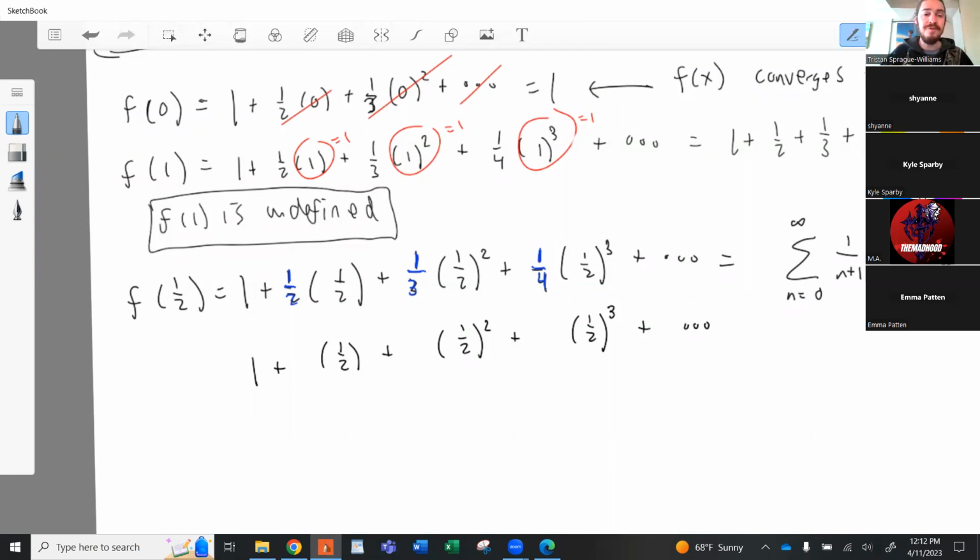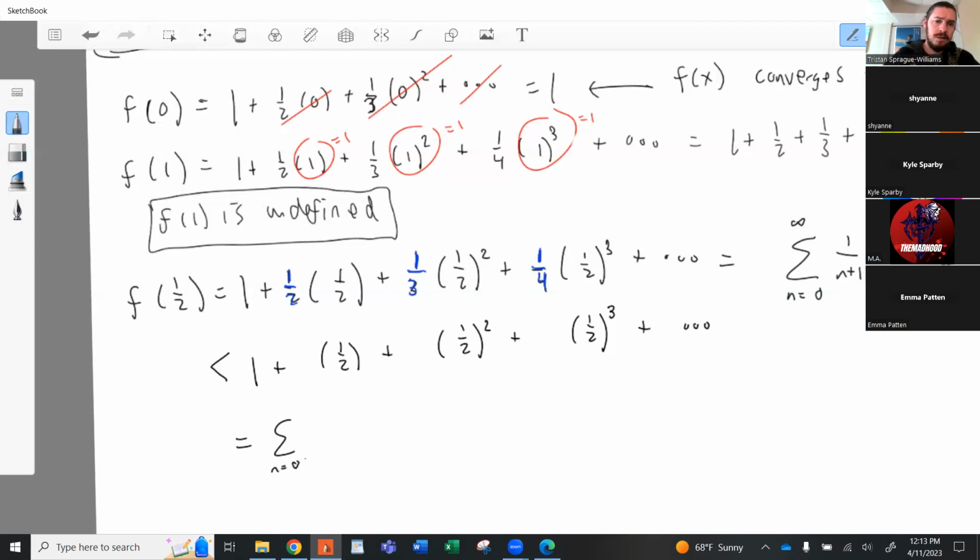I removed some coefficients that were fractions less than 1: a half, a third, a fourth. So the result after removing those should be bigger, right? Got to be larger, right? So the inequality should be that. Agreed? Correct.